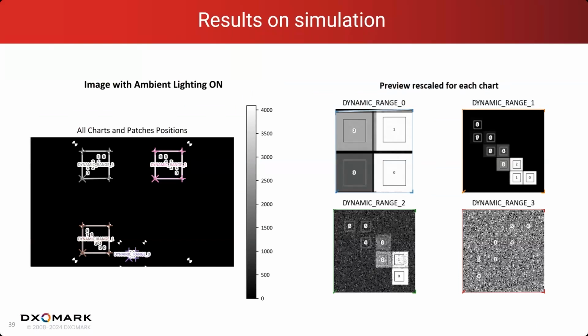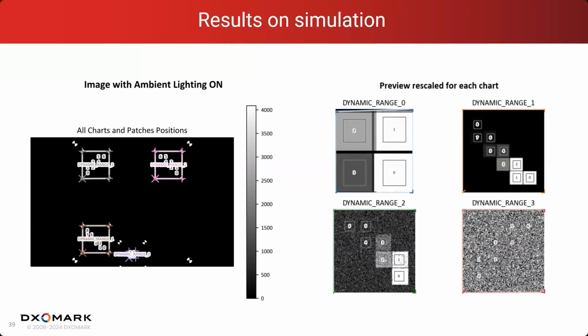So when we input the image from the simulation inside our software, what happens? First, we have an automatic detection of the charts and all the different lighting systems and of the different regions of interest that are located on the patches.